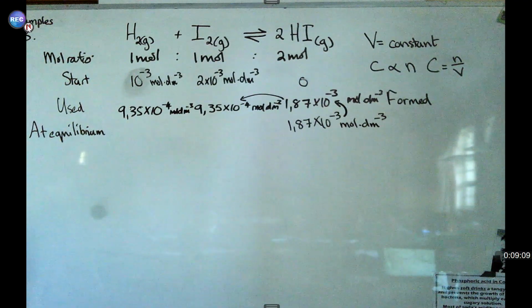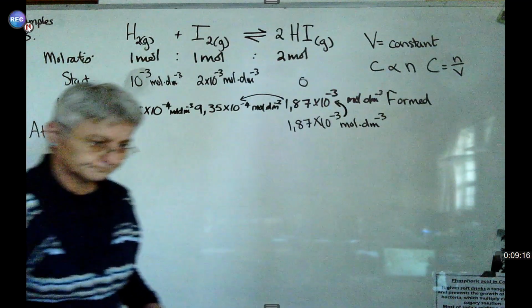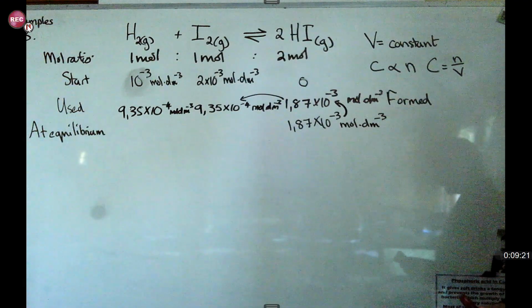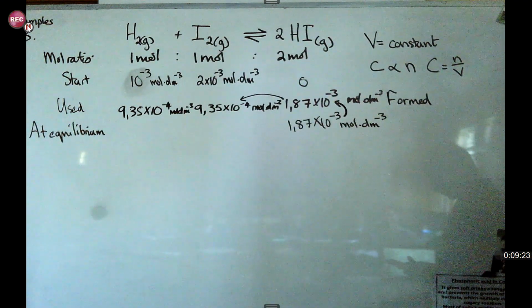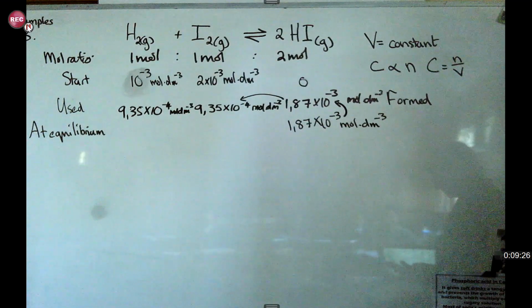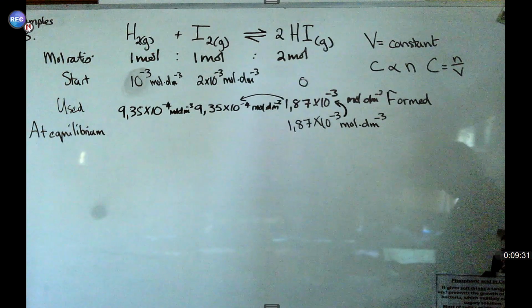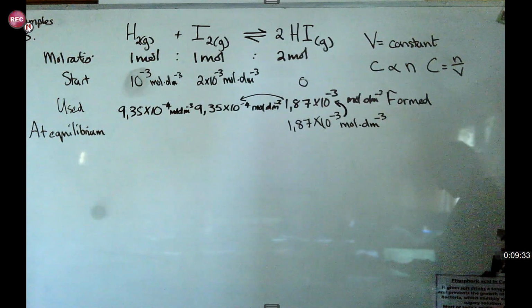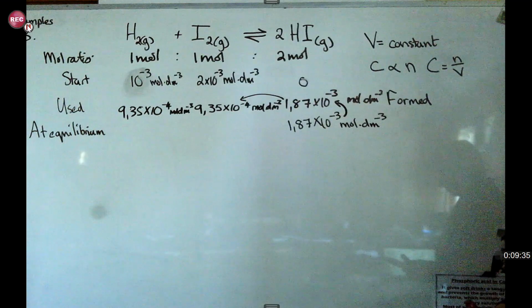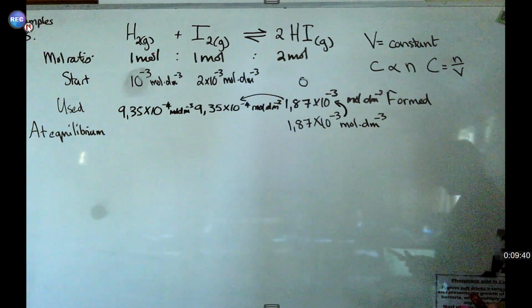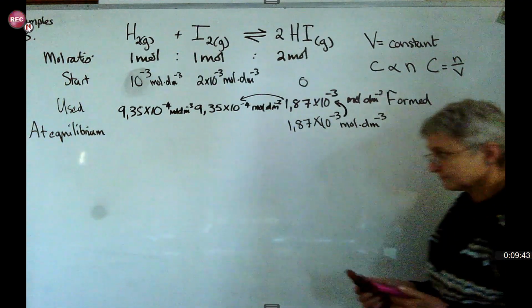Alright, so what will be left at equilibrium? How much of the hydrogen would be at equilibrium? So you've got 10 to the power minus 3 minus 9.35 times 10 to the minus 4.